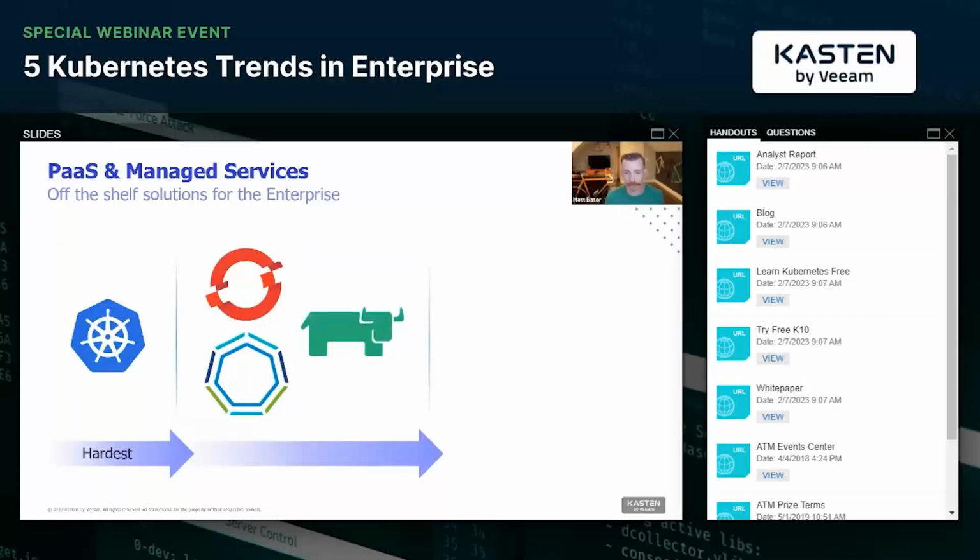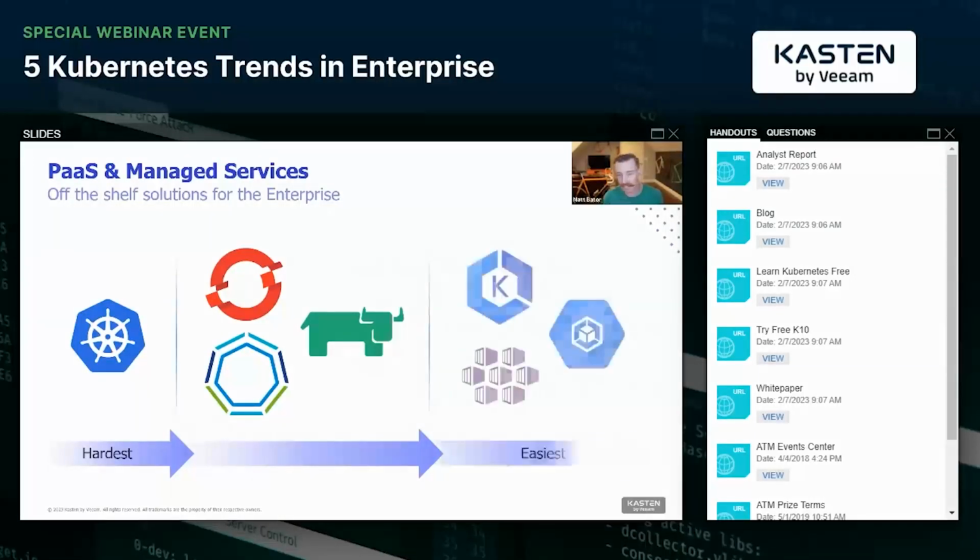So we see common options here like Red Hat OpenShift, SUSE Rancher or VMware's Tanzu platform. So these are not just providing enterprise support and additional tools to ease with that deployment and management, but also adding a lot of what you would consider platform as a service type functionality that we'll get into a bit more.